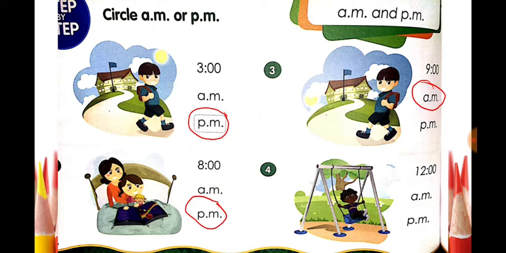He's playing on a swing. So 12 a.m. or 12 p.m.? Remember, at 12 a.m. you are already asleep. So it's 12 p.m. or a.m.? Amazing, 12 p.m.